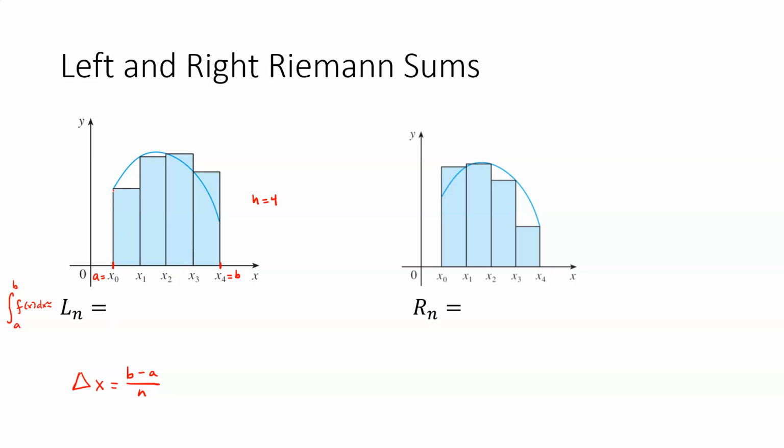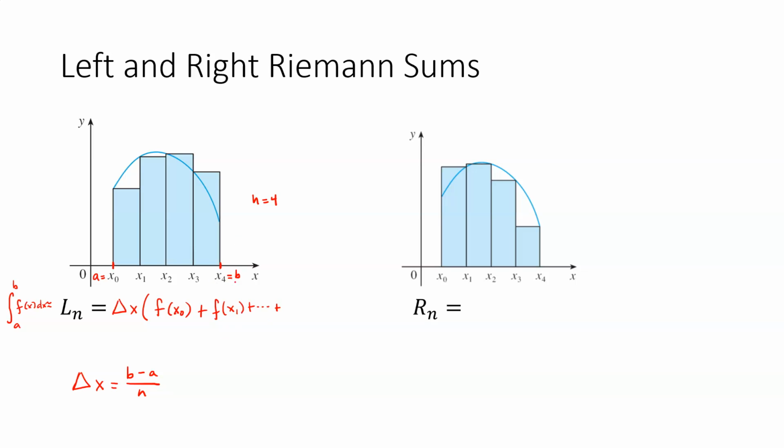And we're going to be using the left endpoint of each of those subintervals to determine the height. So in this case, it would be delta x, our width, and then using the height at x0 is f of x0, f of x1, and so on.